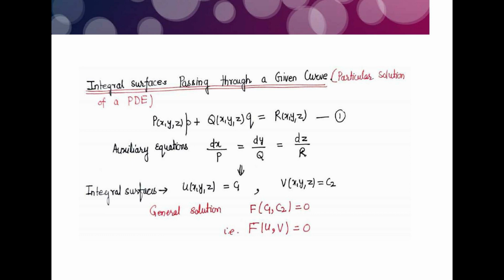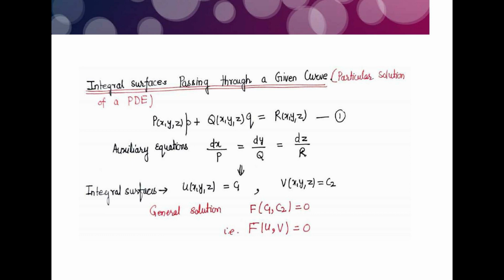The general solution of this Lagrange partial differential equation is written as capital F of u comma v equal to 0, where F is an arbitrary function. U and v are functions of x, y, z, and we obtain these solutions u and v by solving the auxiliary equations.